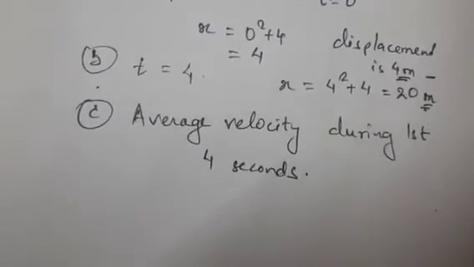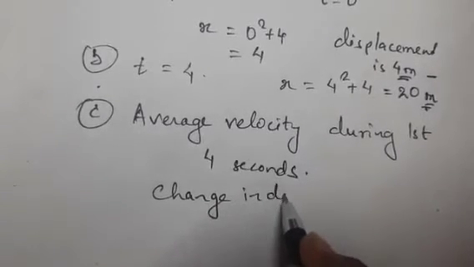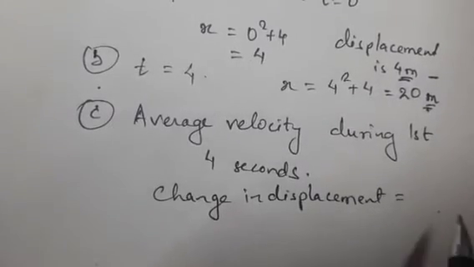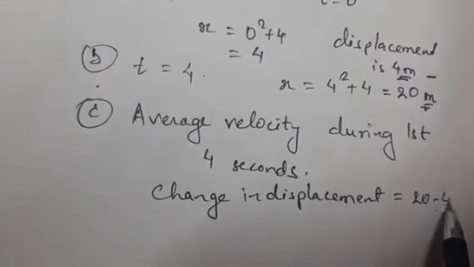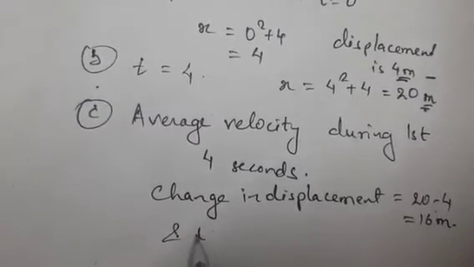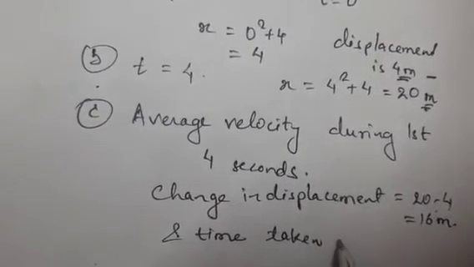So we have to find the change in displacement. Change in displacement during 4 seconds will be 20 minus 4, that is equal to 16 meter. And time taken is the first 4 seconds, that is 4 minus 0, that is equal to 4 seconds.